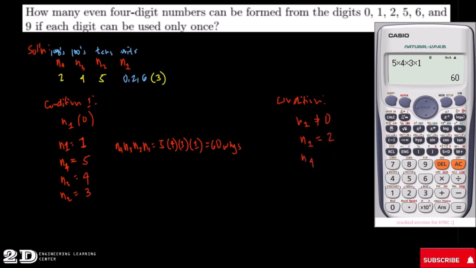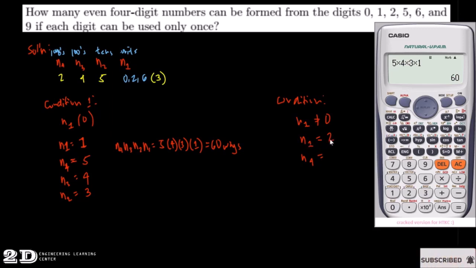For N4, we will eliminate 0, so therefore we have only 5 choices, that is 1, 2, 5, 6, 9. But our 2 and 6 could be used for N sub 1.